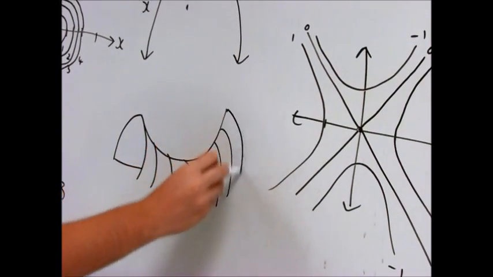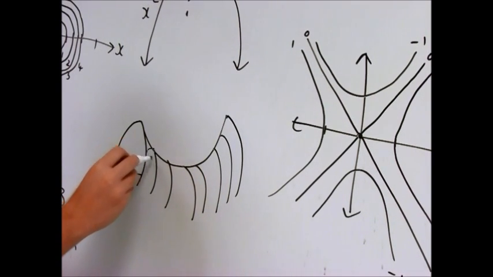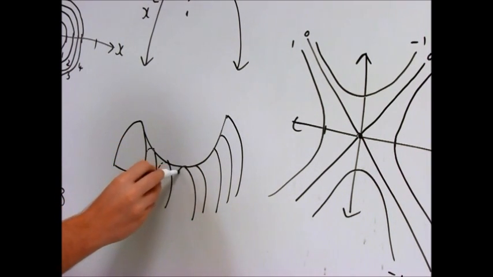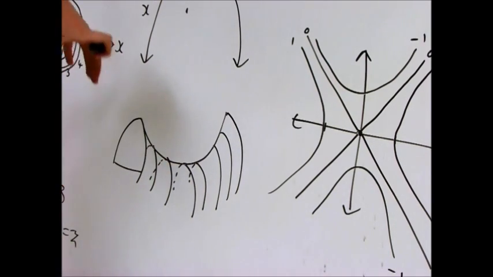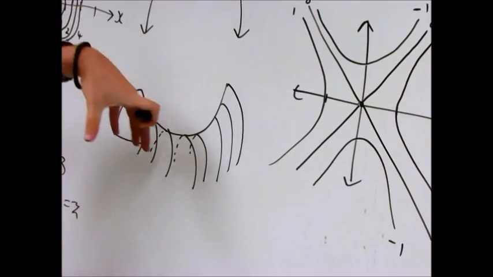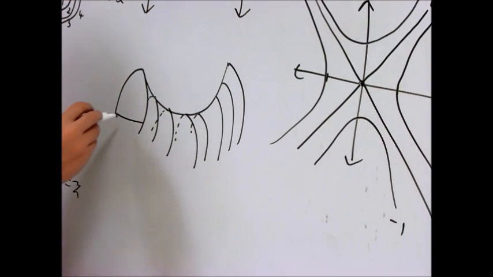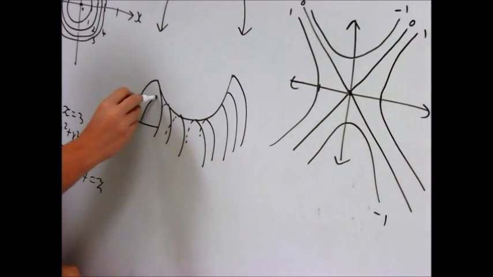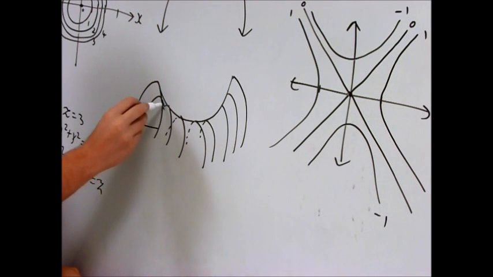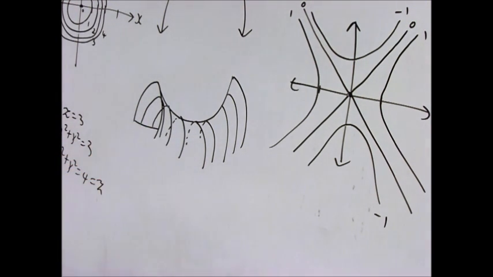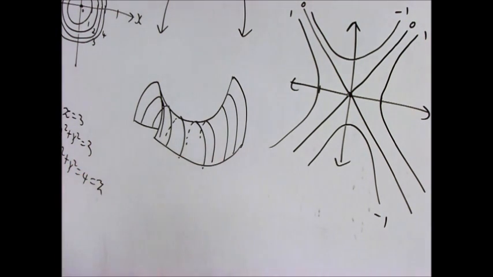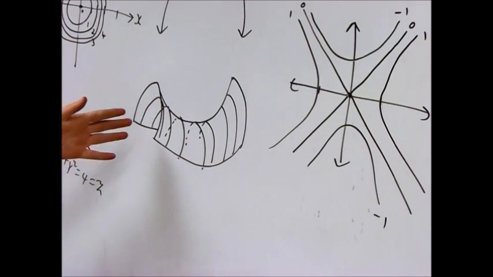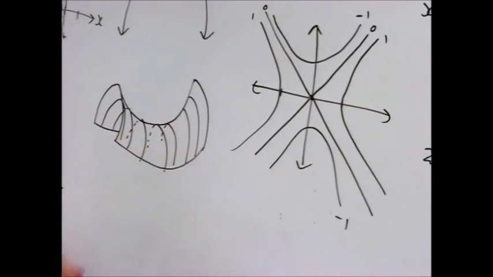So kind of think about this. Looks kind of like a saddle, a bunch of parabolas going down. So basically, that's what this looks like over here.